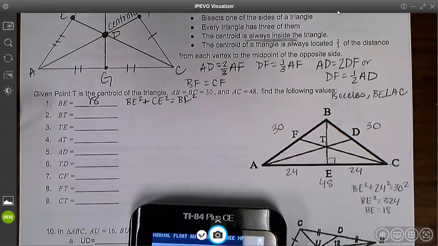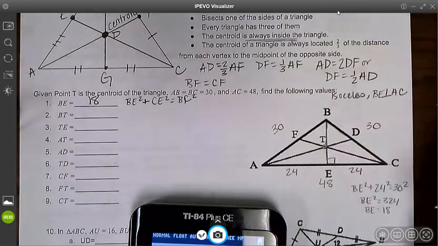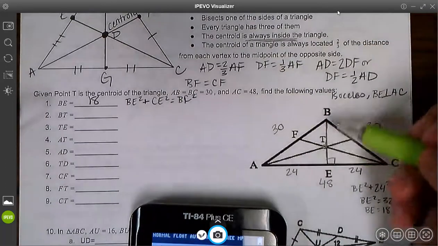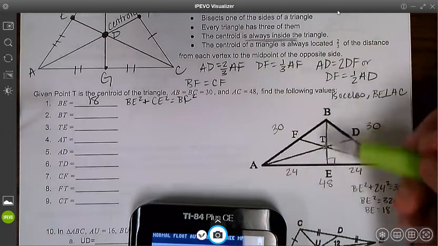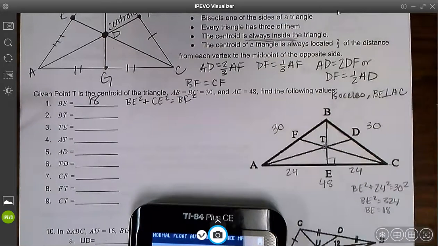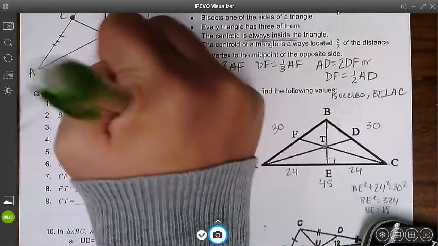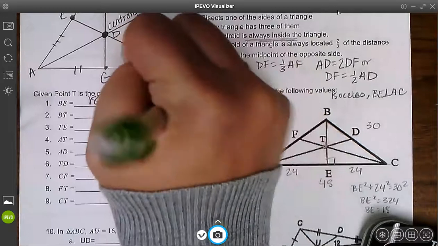So now we can use that to find BT. Because T is the centroid, this point here is the centroid of this triangle, BT is going to be the bigger portion, because it looks bigger, which is 2/3 of the whole thing. So BT is going to equal 2/3 of BE, which is 18.